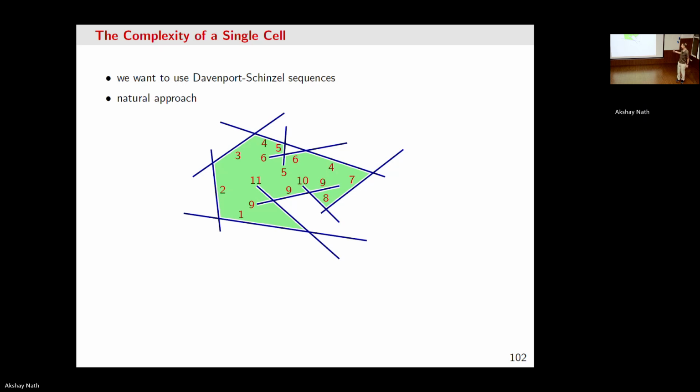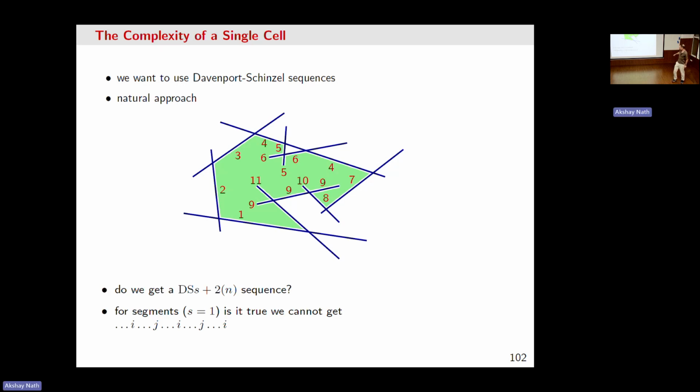So there's some indexing missing. For instance, is it true that if I take s equals 1, which I have to do for segments, if I want to get DS of order s plus 2, that would be DS 3, I cannot have i j i j i.